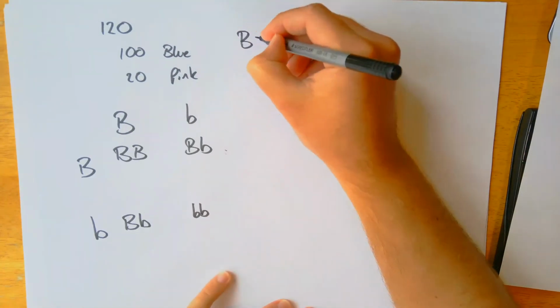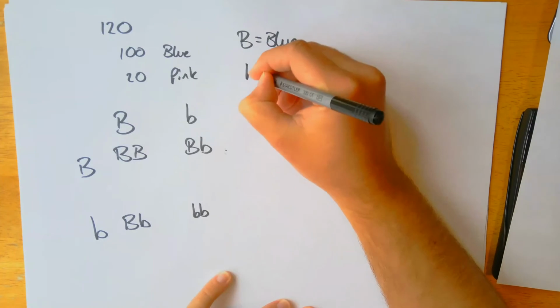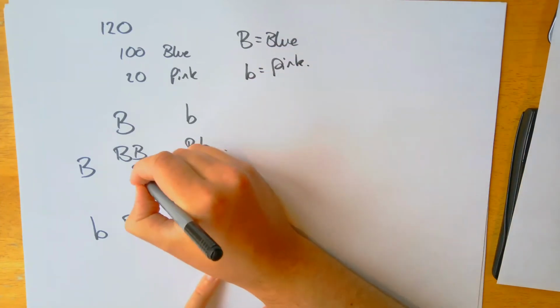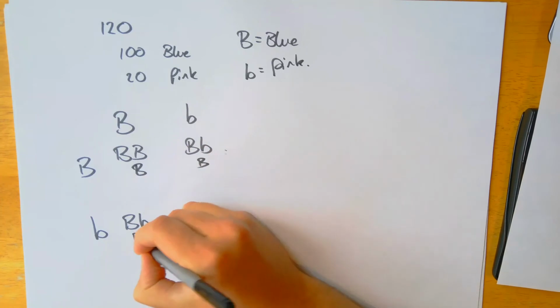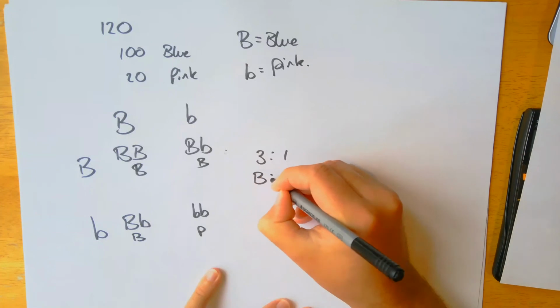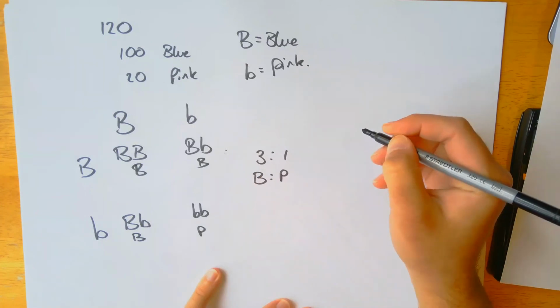So big B is blue and little b is pink. We would say that there is a blue there, blue there, blue there, pink there. So it's a 3 to 1. We would expect 3 blue plants for every 1 pink plant.